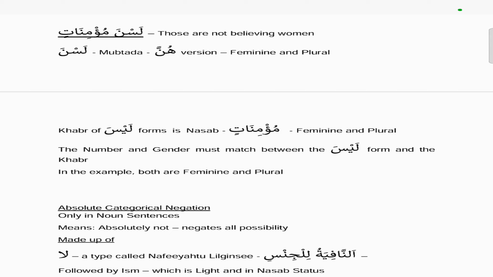Jar status will be mu'minatin, and nasab status will be mu'minatin as well. But because we know that's the khabar of laysa, we automatically know that this is nasab. It's not jar. And this mu'minatin is also feminine and plural, just like the lasna. So the number and the gender between the laysa form and the khabar are the same. In this example, they're both feminine and both plural.